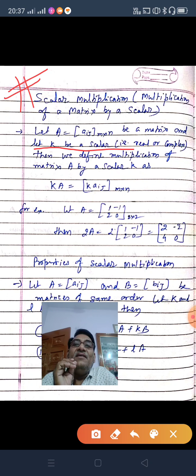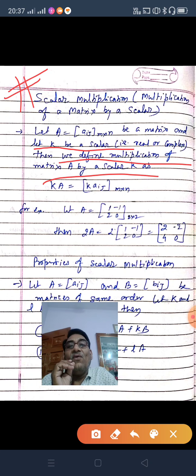Then we define the multiplication of matrix A by scalar K as KA, written as K times Aij, of m cross n order. For example, let A be [1 -1; 2 0], of 2 cross 2 order. Then 2A is equal to 2 times [1 -1; 2 0].